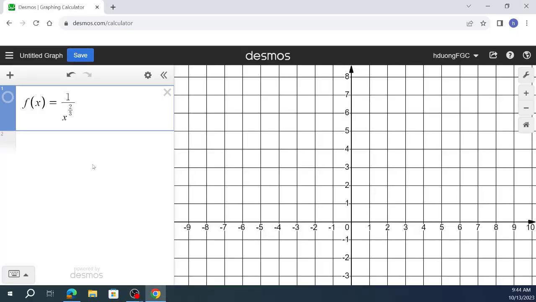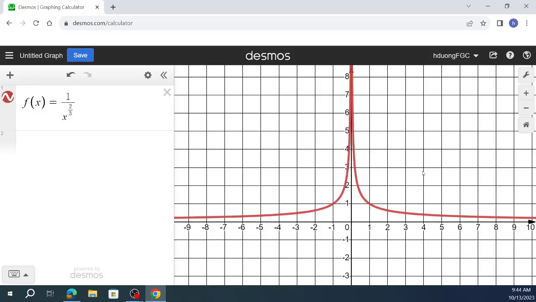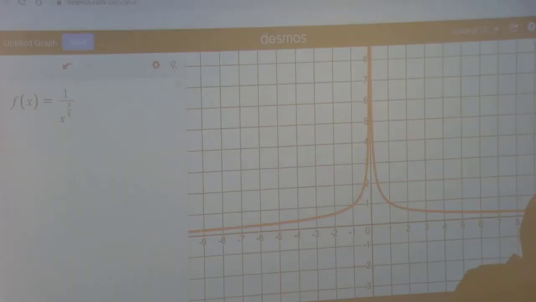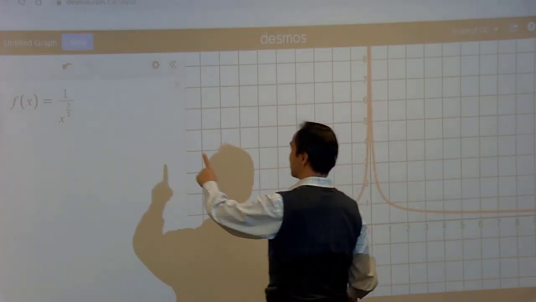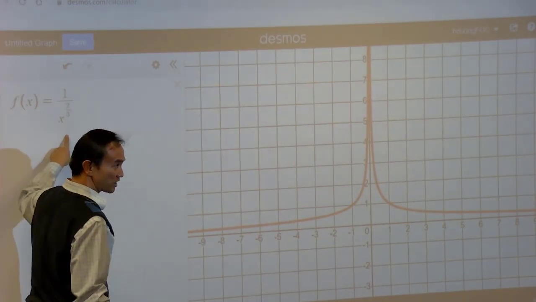So here's our function that I prepared. Are you okay that I use the x variable there? We want x to get close to 0 from both sides, so here's the graph. This is the graph for 1 over x to the 2/3 power.